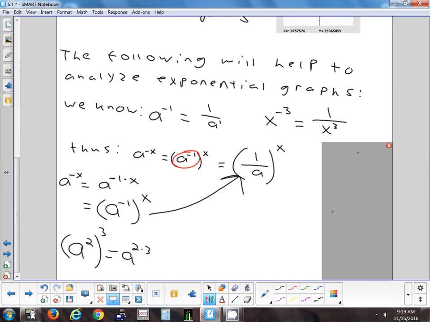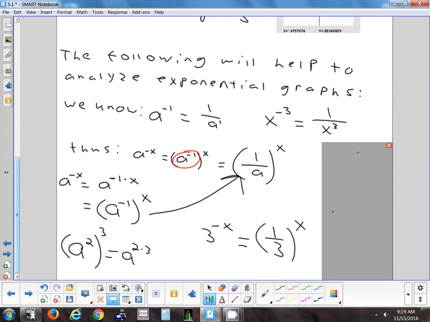If you have something raised to a negative exponent, all you have to do is take the a and make it 1 over a, and you can make the exponent positive. It's kind of a shortcut, so you don't have to go through all these steps. So let's say you had 3 to the negative x, and I wanted to turn it into something to the positive x. What would I put inside the parentheses? 1 over 3.